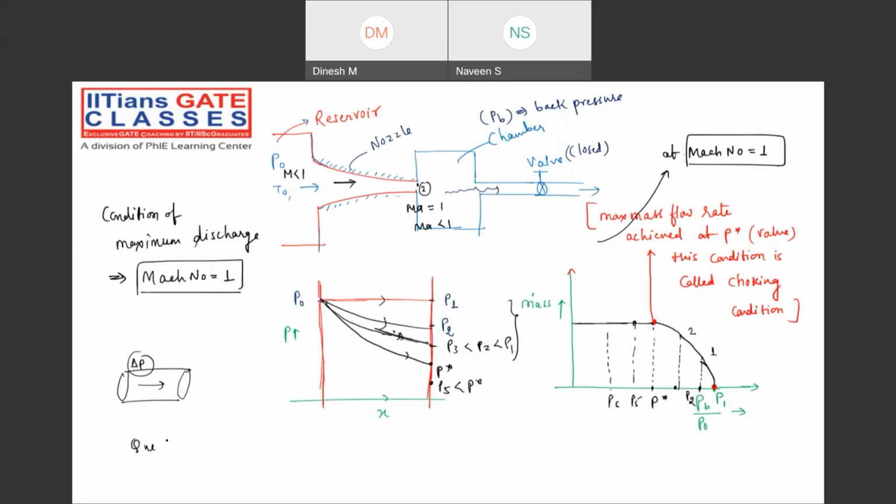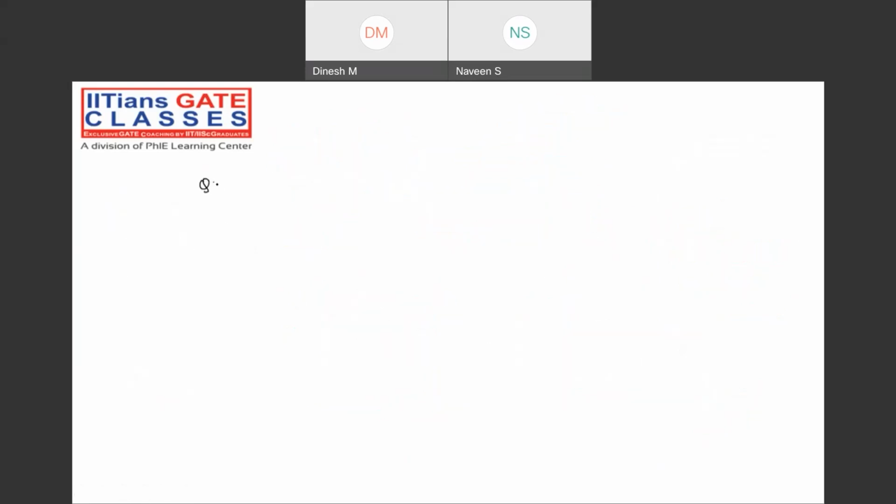Question number 1. Okay, let me write. Okay, done this one. Note it down. So the first question will be, why supersonic flow cannot be achieved by converging nozzle?